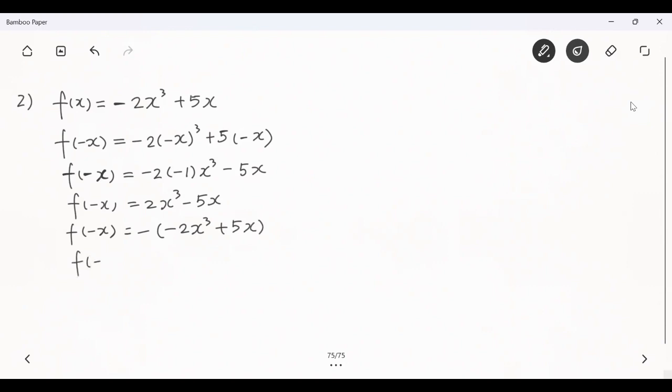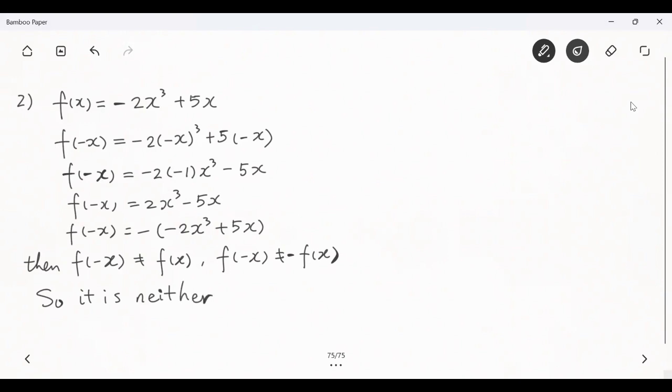We get f negative x not equal f x, right? Also, f negative x not equal negative f x, right? Then we get the result, it is neither, right?